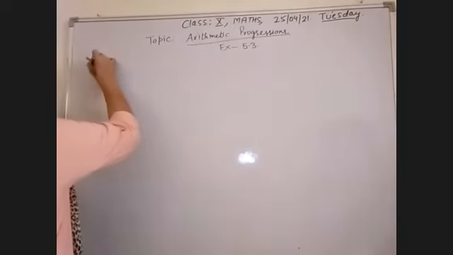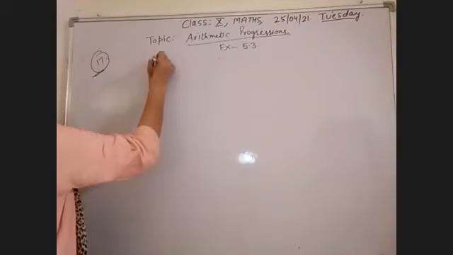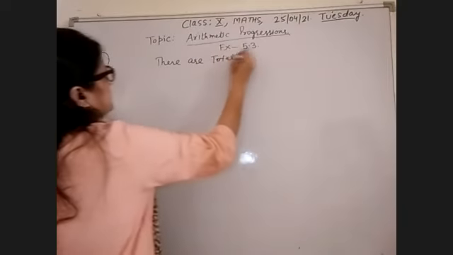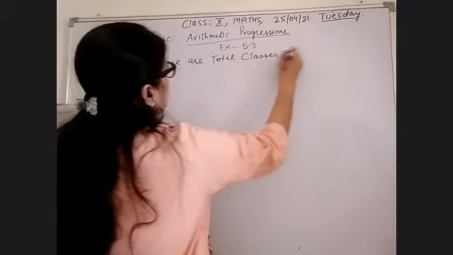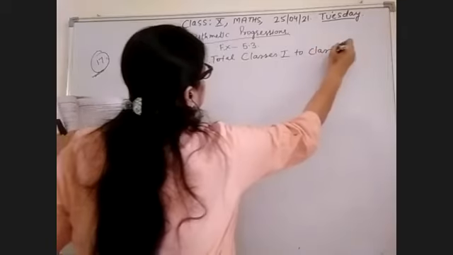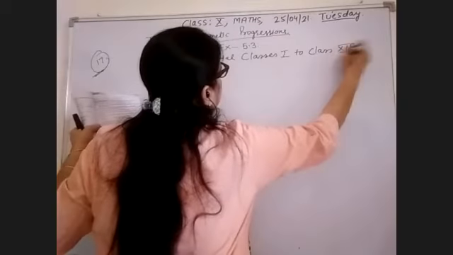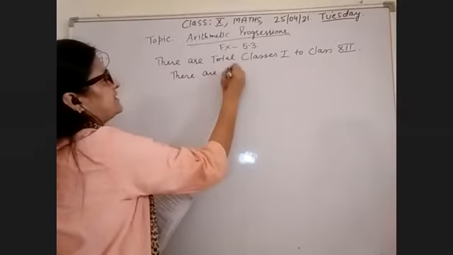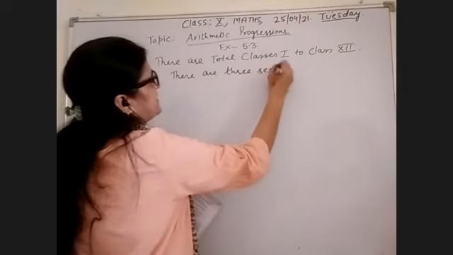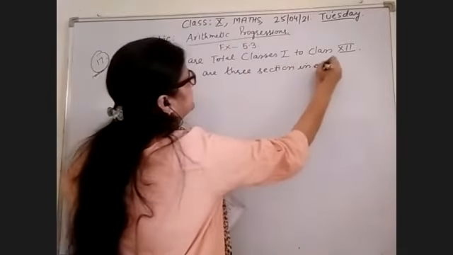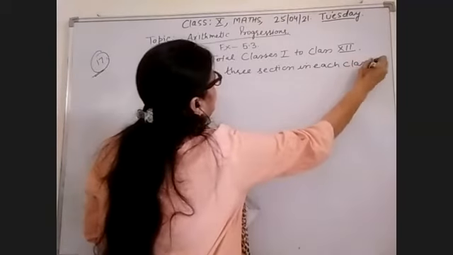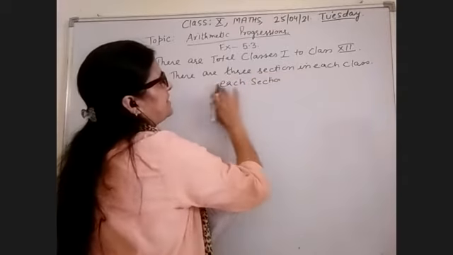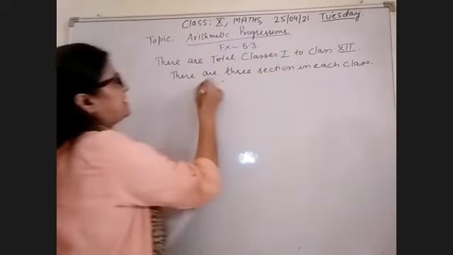First I am writing this question this way. There are total classes. How many classes are there? Class 1 to class 12. And there are 3 sections in each class, and each section plants 1 tree in class 1.